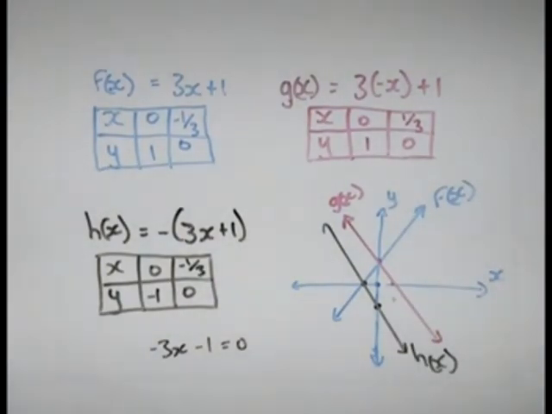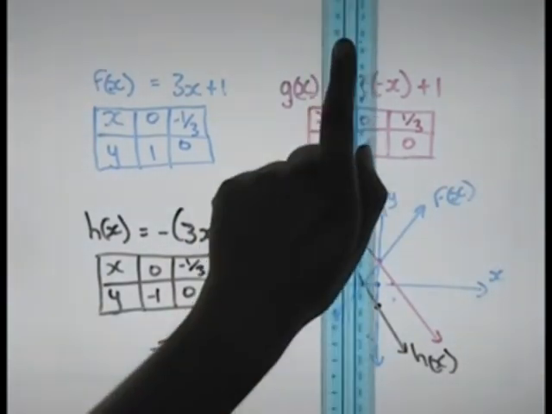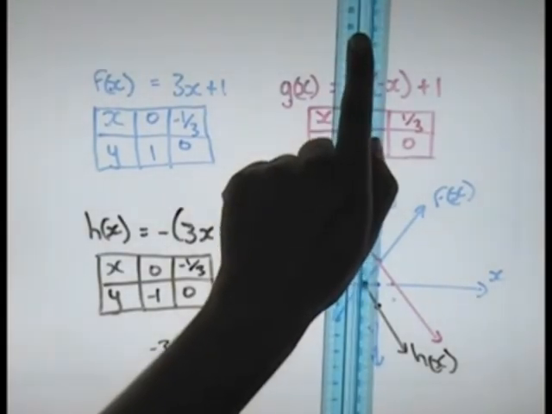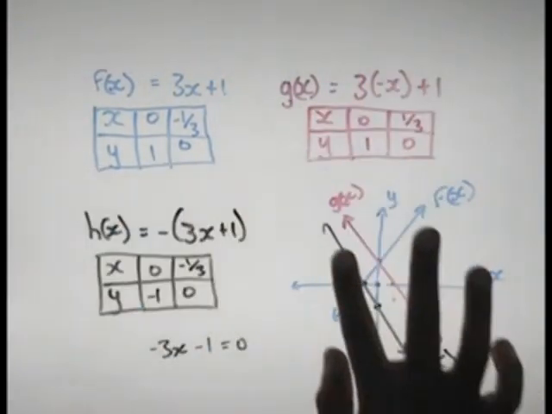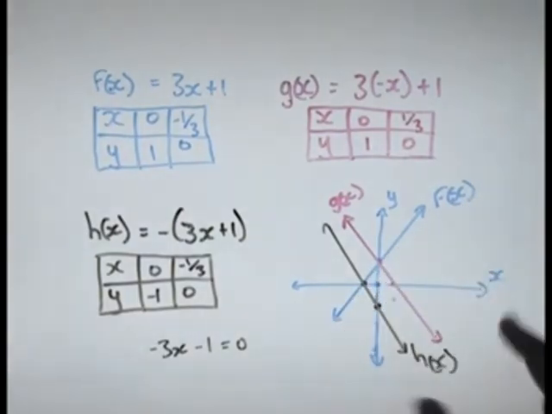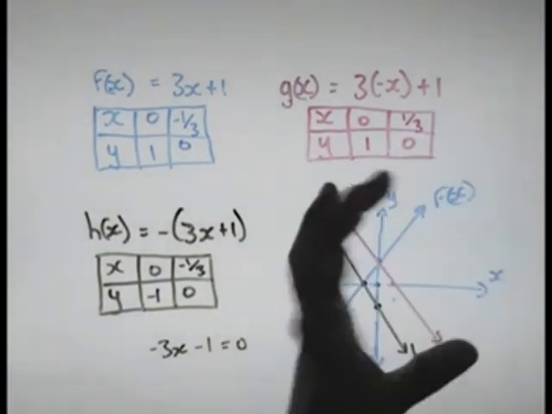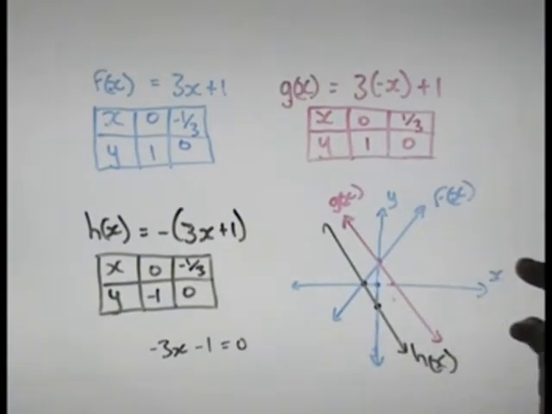Take a look at just the blue and the red graphs. Look at that, about the y-axis. Didn't we just take this f of x graph and turn it around that way? We flipped it around the y-axis, which made the x values negative.